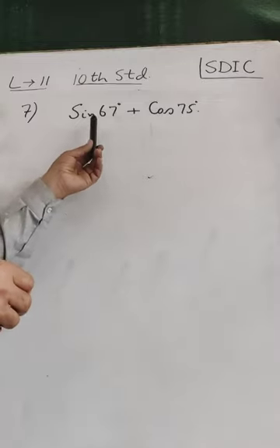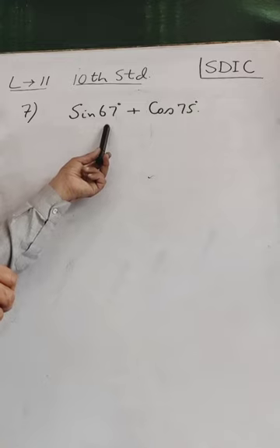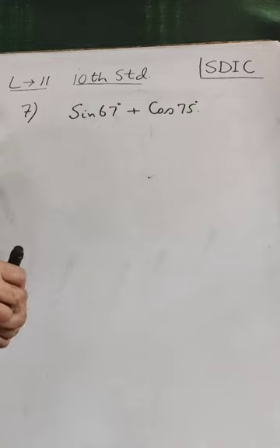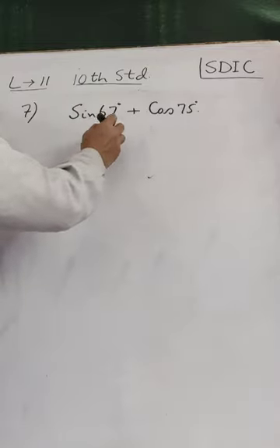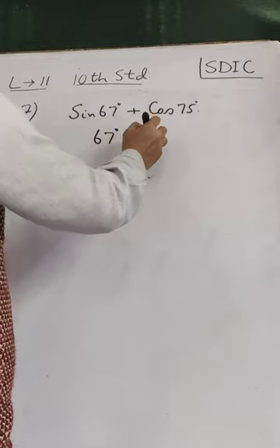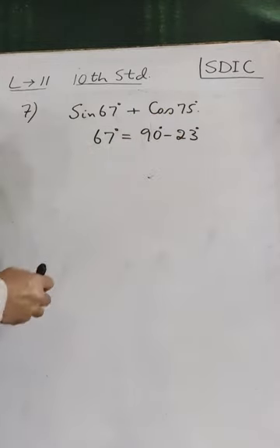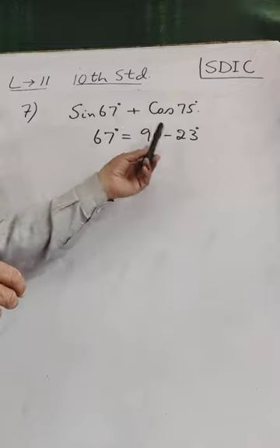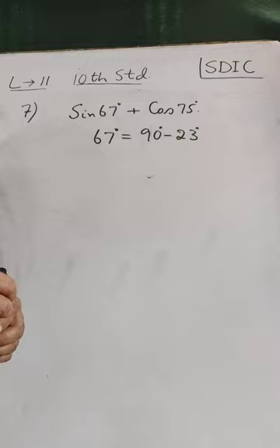We can easily find the complementary angle of 67 by subtracting it from 90. That will be 23. 67 degrees we know is 90 minus 23, therefore. 67 and 23 add up to 90. 23 is transposed here, so 67 is 90 minus 23.